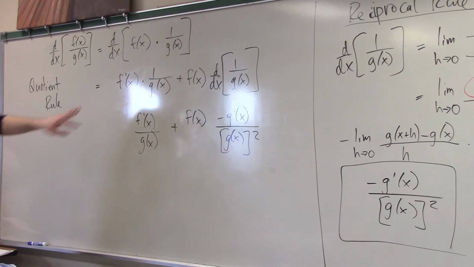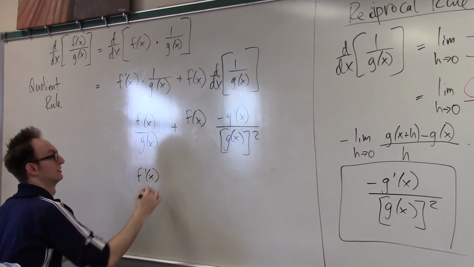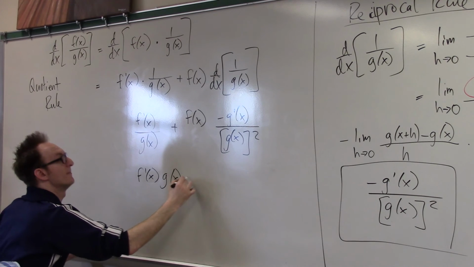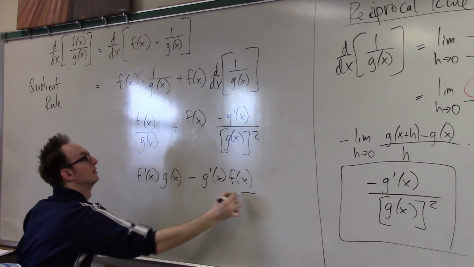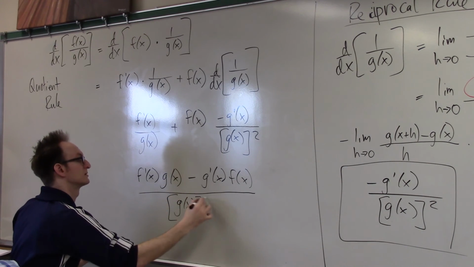Usually people clean this up and make it a little prettier by getting a common denominator. So if we do that, we get f prime times g minus g prime times f, all over g of x squared.